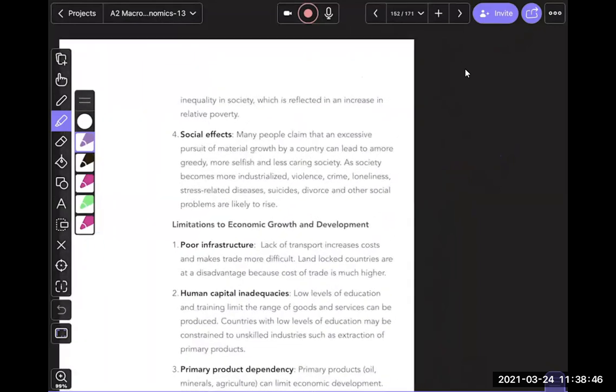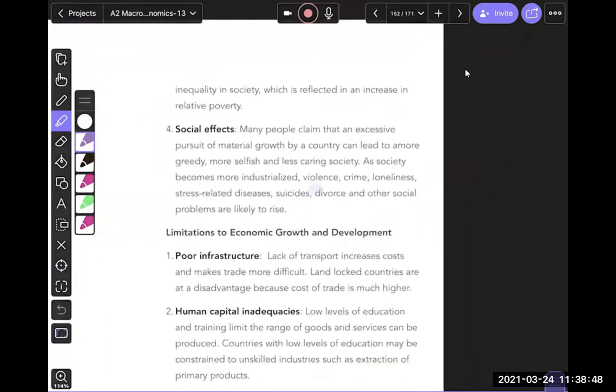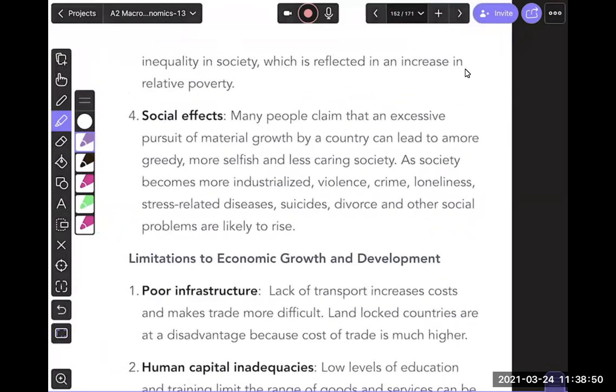Unless we, of course, have very high progressive taxes, we may see the rich become richer and the poor not benefit from the overall economic growth of the economy. Make sense? Any questions, guys?